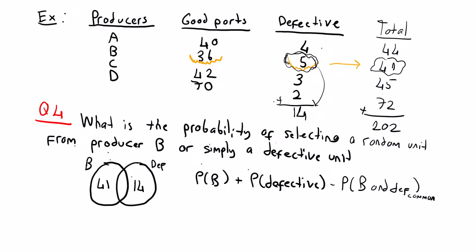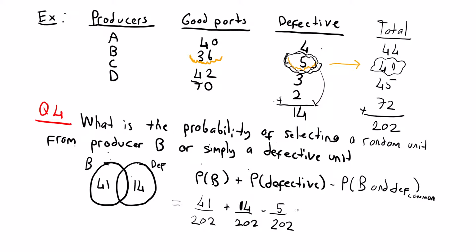Let's do the calculation: that's equal to 41 divided by 202 plus 14 divided by 202 minus 5 units divided by 202, because those 5 units are counted twice, so we want to remove one set from our calculation.